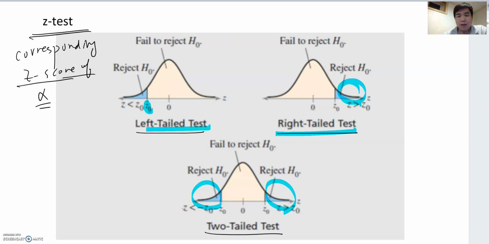Of course, we can find those Z0 scores based on the z-table as well, but the t-table is more useful, so I'm going to show you how to utilize the t-table this time. Then let's continue to discuss this using an example.